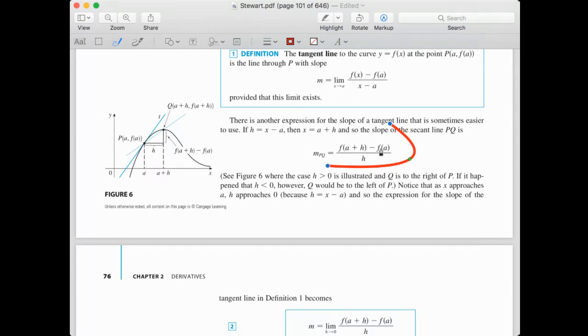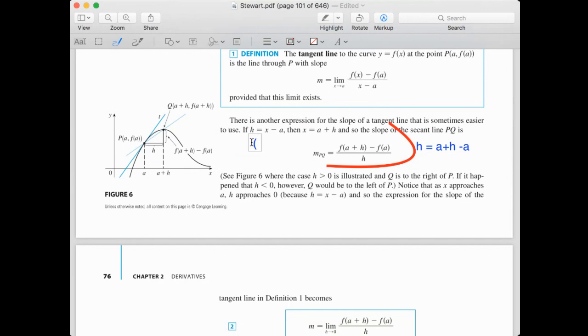from one point to another point, what's the slope of those two points? Right? The bottom one, h. Where does h come from? h equals a plus h minus a. Think about this. We actually have two points here.